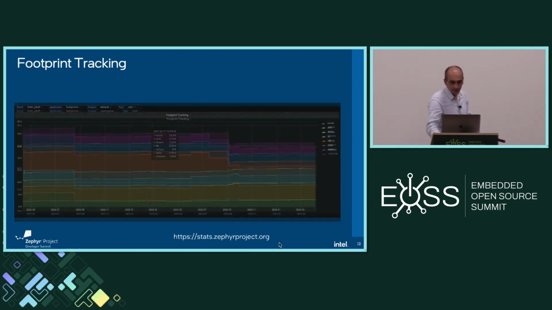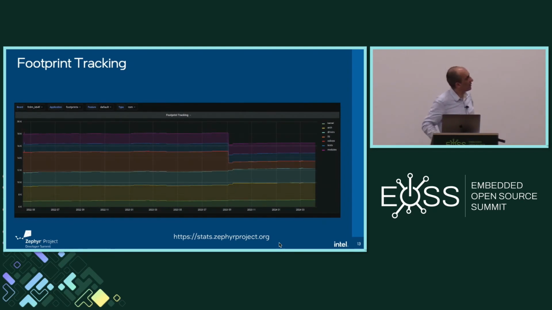Another one, also related, coming from the footprint. This is without user space, and the drop at the end there, I think that was last year in August or something like that. That's also related to the Picolibc change, yeah? If I see that correctly, yeah.